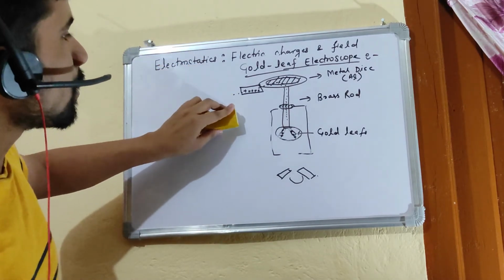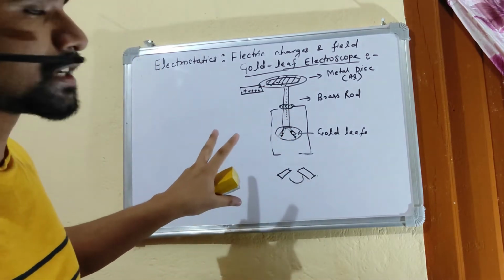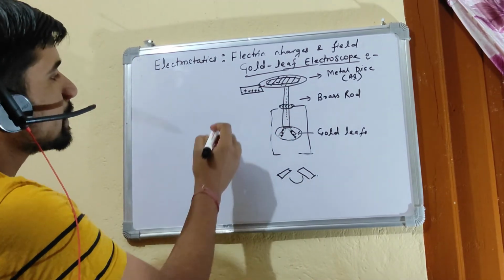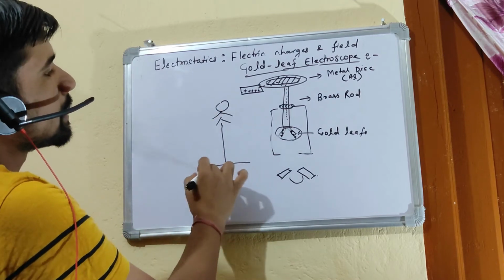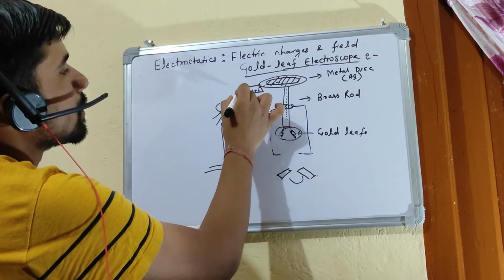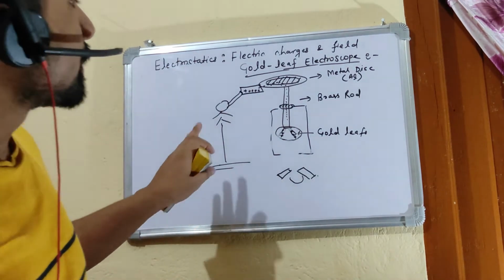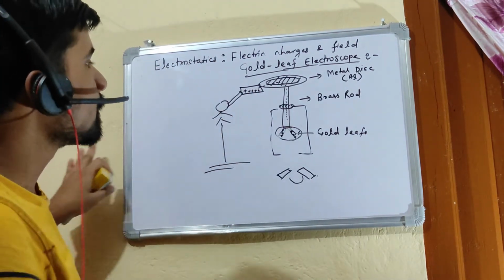So now we have brought this charged body in contact with the electroscope, and we see the divergence coming up. Now let's say someone is standing here, and he goes and touches this particular object. So what will happen?